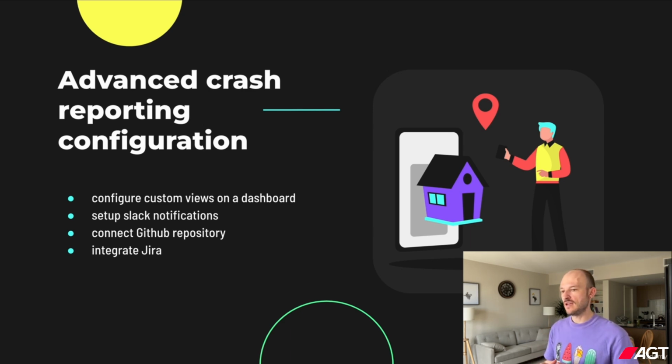Depending on your needs, the shortlist of possible actions may include: configure custom views on a dashboard, set up Slack notifications about new crashes or other important events like a crash reoccurring, connect a GitHub repository to the crash reporting tool to open a crashed line just from the dashboard, integrate Jira with the crash reporting tool to create tickets in a couple of clicks. I encourage you to spend more time reading the documentation for your crash reporting tool for more ideas and implementation details.